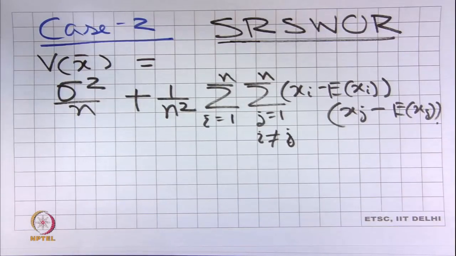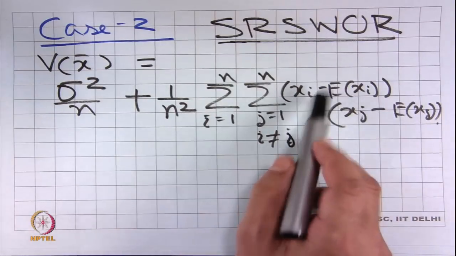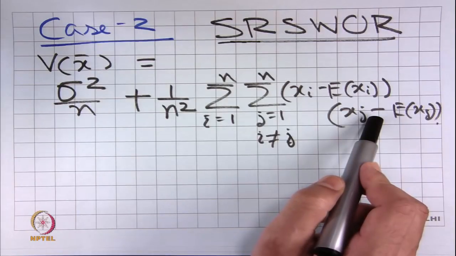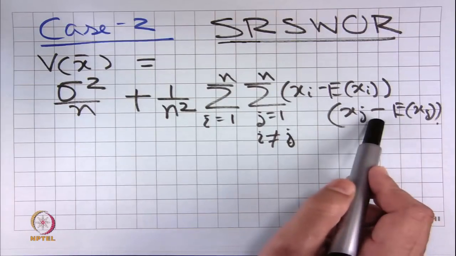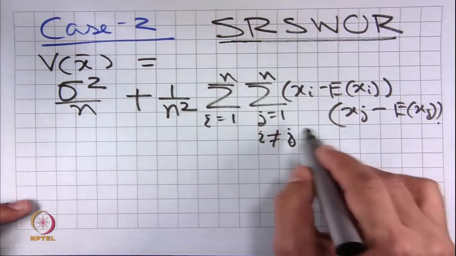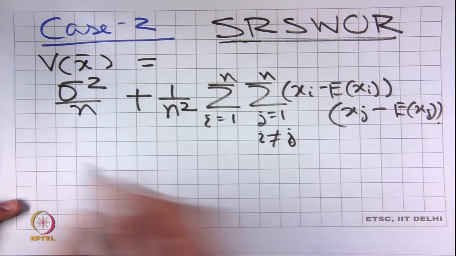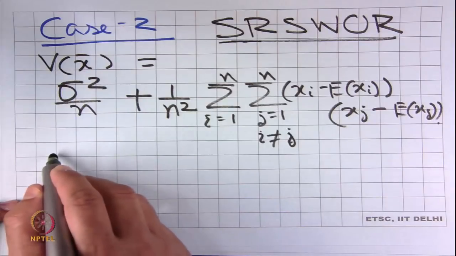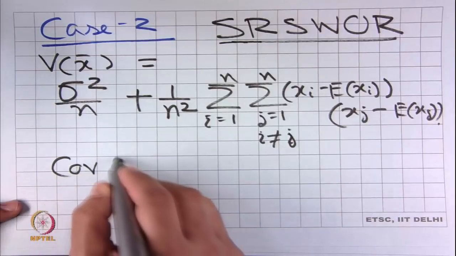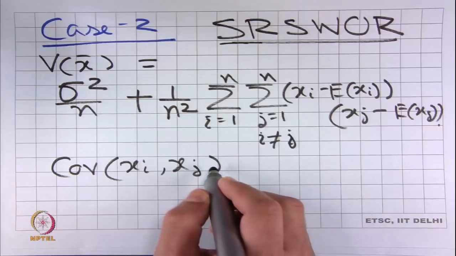Here there is a difference, because these two are not independent. Therefore, depending upon the value of xi, there will be some change in this term. Therefore, we need to look at it in a more careful way. Again, as before, essentially you are looking at the covariance between xi and xj.